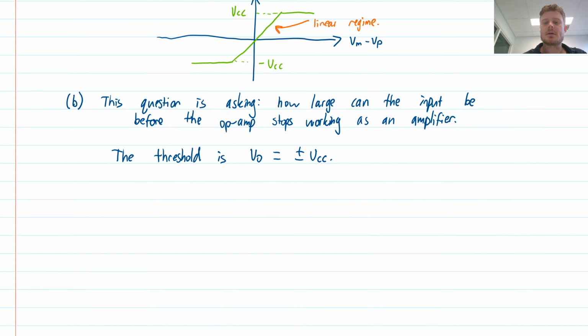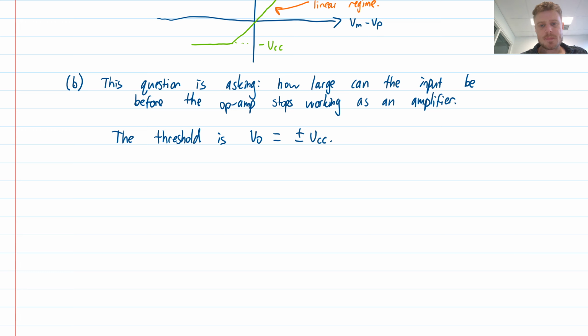And for this design, we have that V out is minus 12 times V in. So let's look at each of the limits in turn.